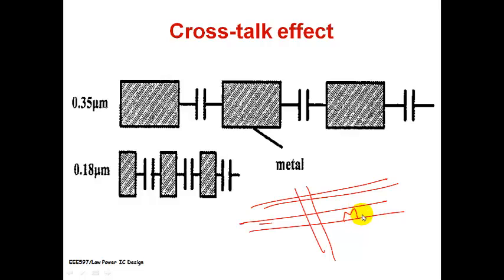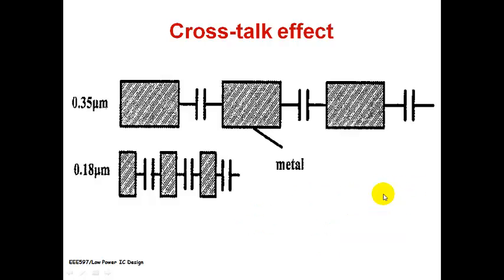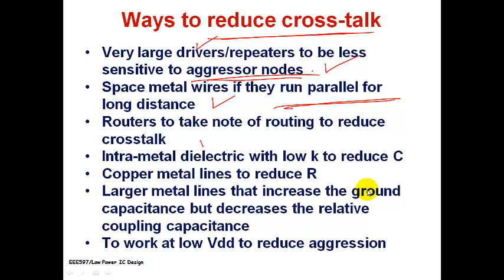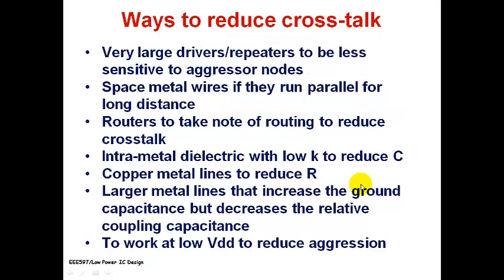For example, this is Mi, this is Mi plus 1, this is Mi plus 2. That way we arrange things so that we avoid the total amount of cross sections. And you can make use of the routers to take note of routing to reduce the crosstalk also. We should go for the EDA tools.